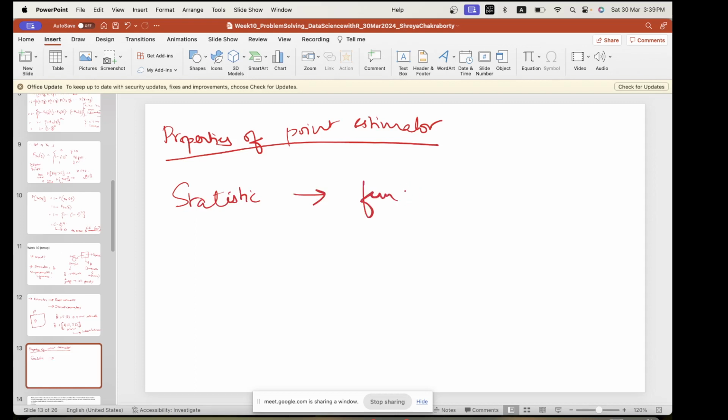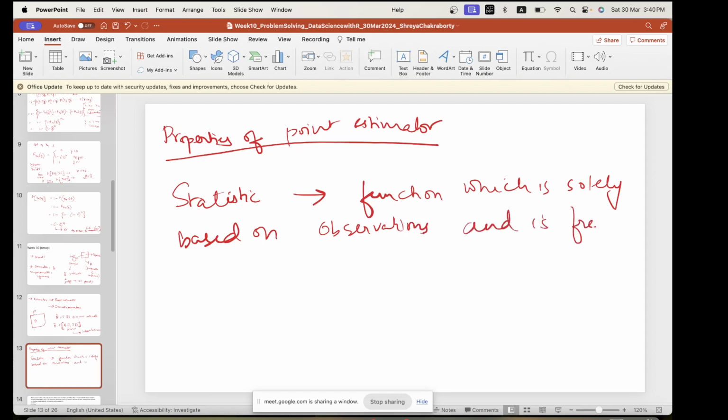This is a function which is solely based on observations and is free from any unknown parameter.